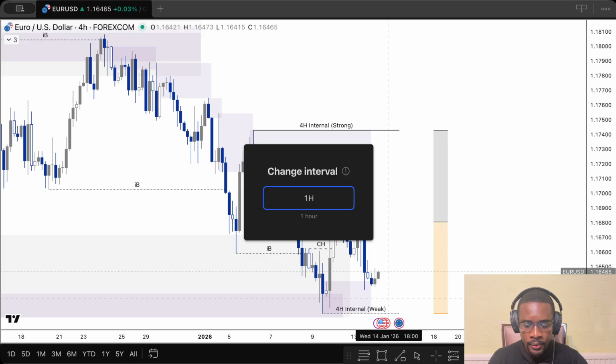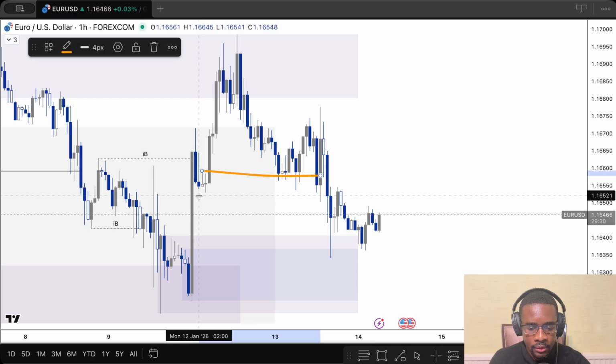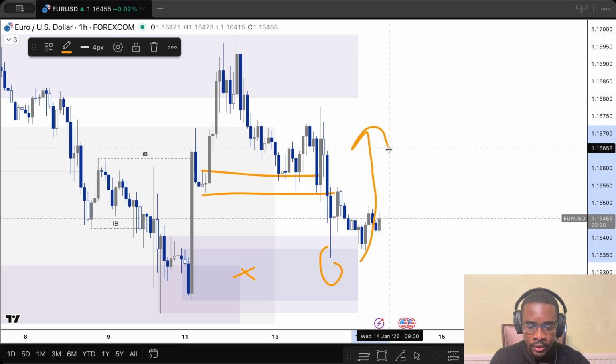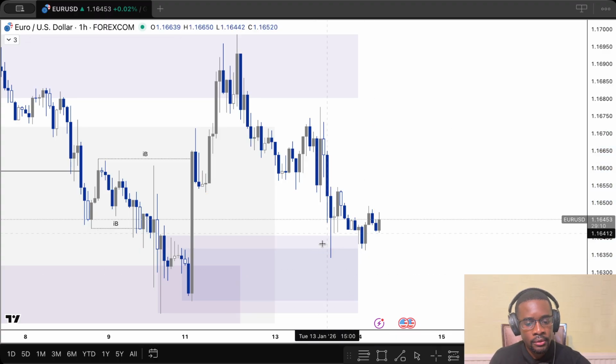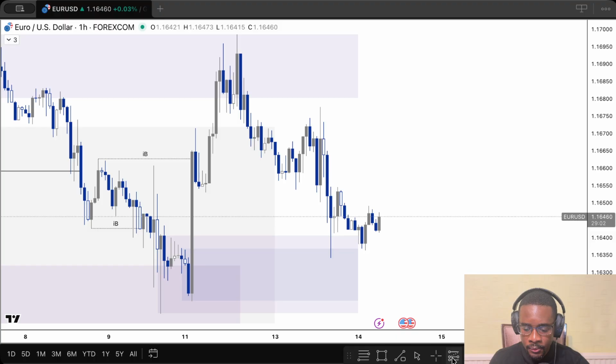And then looking at the 1 hour, this POI did not work, so I was saying that I might be expecting this last POI to be the one where we get a reaction and get at least 2R from there. I'm in that position right now, so all we can do is wait and see if we reach 2R with that.